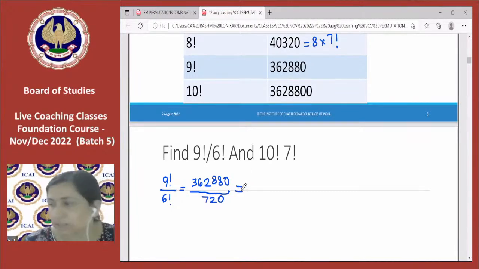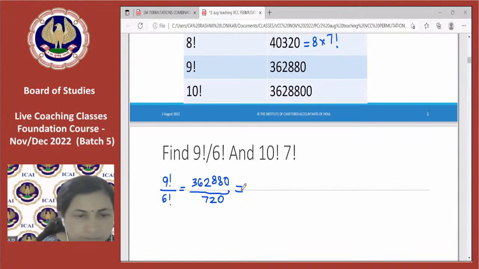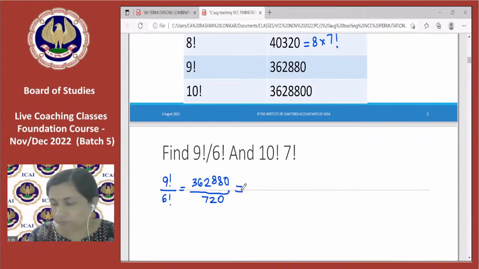So let us see how much this is. Let us all find it out together. 362,880 divided by 720. So the answer is 504.